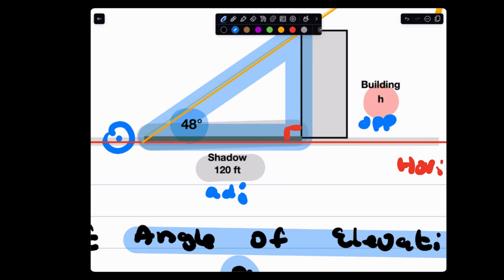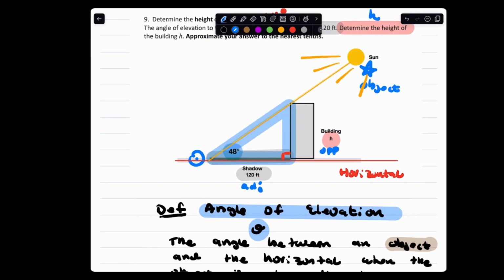So what trig ratio involves the opposite and adjacent side for that angle? Tangent. So what are you guys going to say? Tangent of 48 degrees is opposite over adjacent.